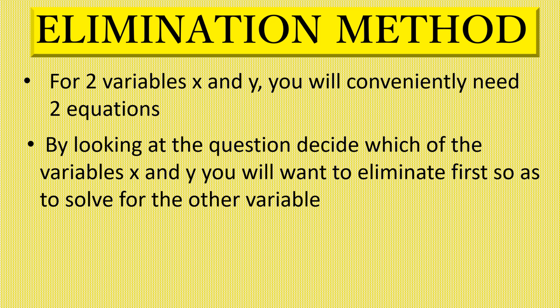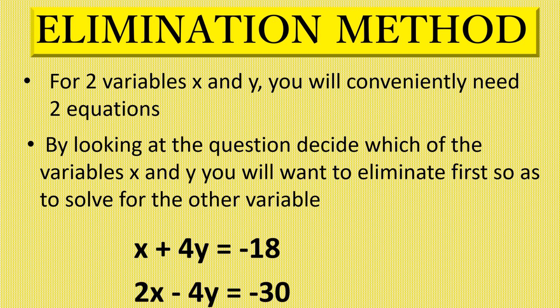Now what we'll do is to look at the question, and then decide which variable we need to eliminate first so as to solve for the other variable. So here we have x plus 4y is equal to minus 18, and 2x minus 4y is equal to minus 30.